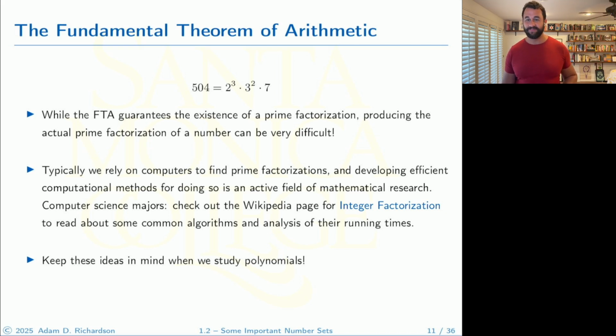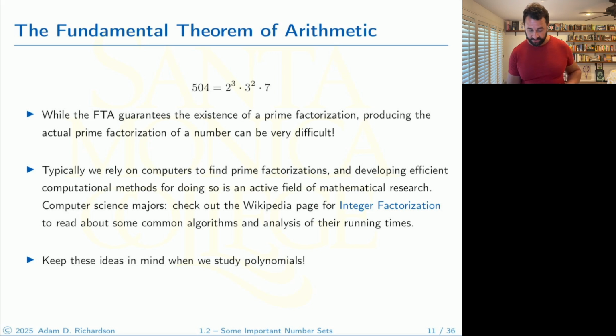These days, in modern math and science, we typically rely on computers to find these types of factorizations. And developing efficient computational methods to do so is an active field of mathematical research today. People still try to find better methods for factoring integers.